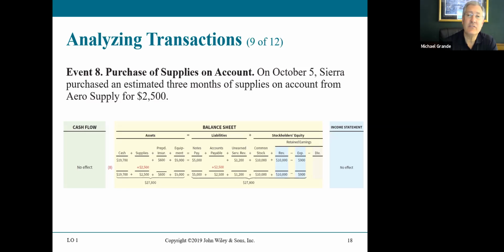So on the right-hand side of the equation, you see accounts payable, promise to pay goes up. Obligations to pay goes up on the right-hand side. On the left-hand side of the equation, they purchased supplies. It's an asset until they use it. So supplies goes up as an asset. The accounting equation is in balance.